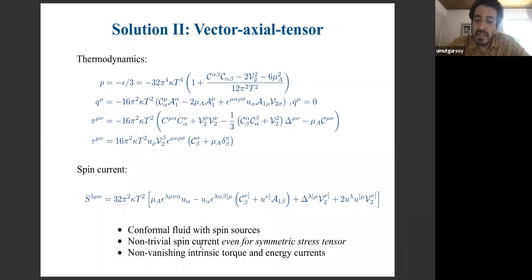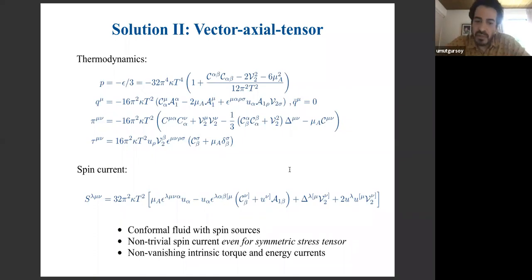But again, you have a non-trivial spin current even if you have a symmetric stress tensor, because you can set this Q bar, sorry, this Q to 0, for example, by setting A1 to 0, and you can set this to 0 by setting V to 0, but still you would get a non-trivial spin current coming from this term, okay, and this term.